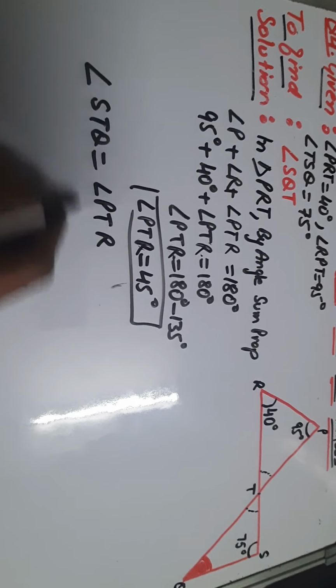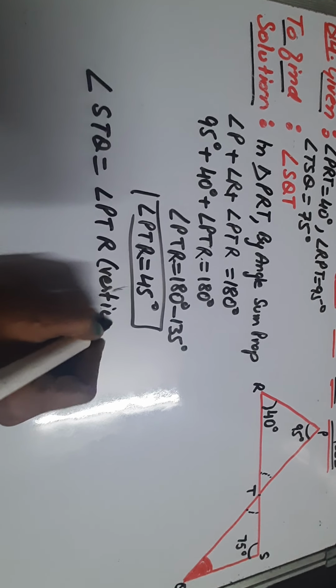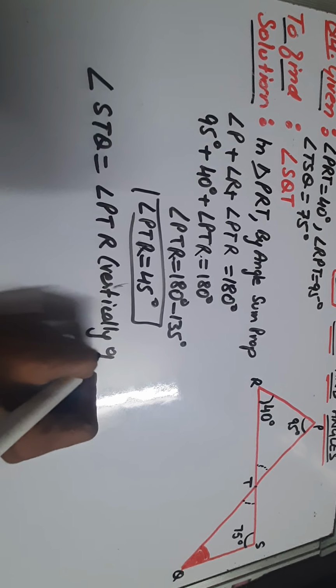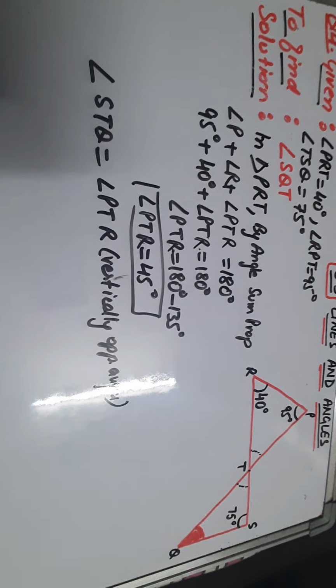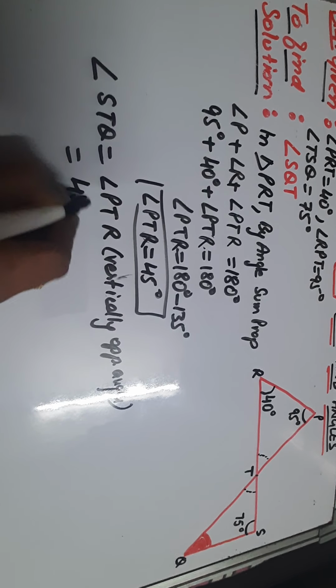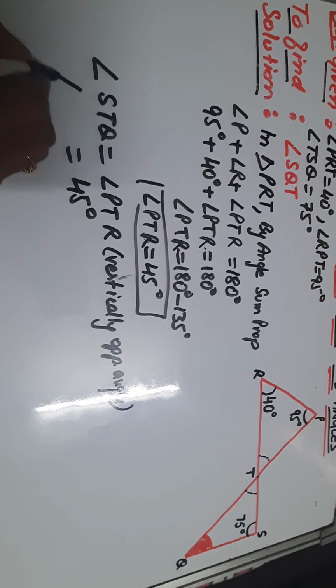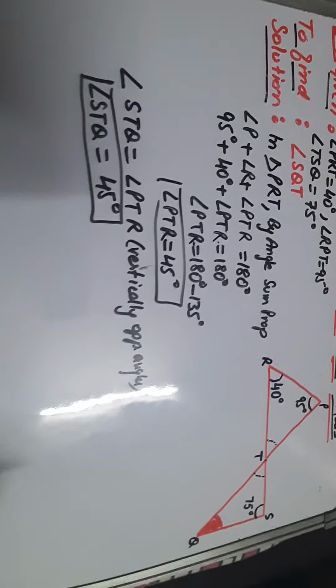And what is the reason why these two angles are equal? We will write vertically opposite angles. So from here, because PTR is 45 degrees, we will put the value, and we'll get angle STQ also as 45 degrees.